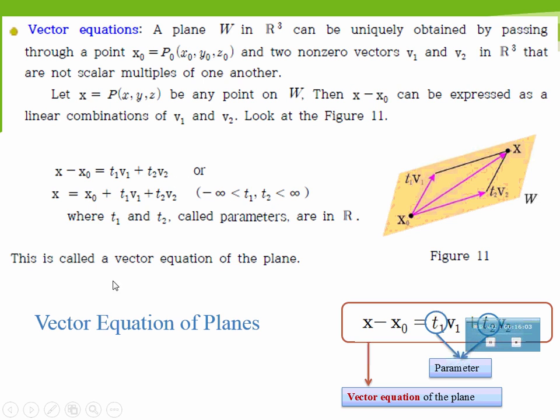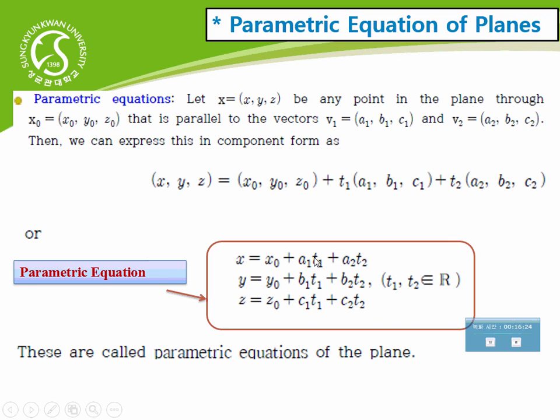As you see here, v1 and v2, any vectors on that plane, can be used to build up the vector equation that shows all the points on this plane W.